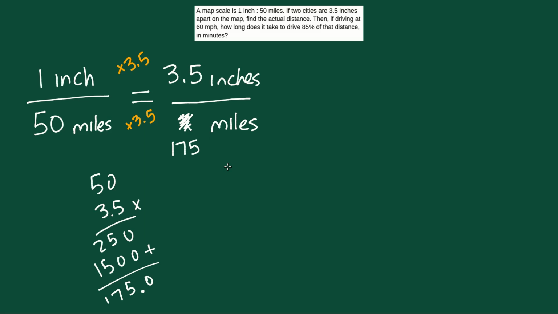And now they ask us, if driving at 60 miles per hour, how long would it take to drive 85% of 175 miles in minutes? So this second part of the word problem, let's tackle it one piece at a time. First, how long would it take to drive 175 miles at 60 miles per hour?